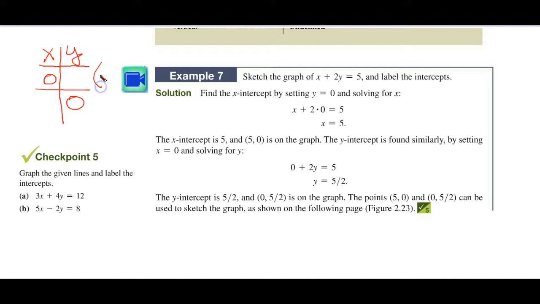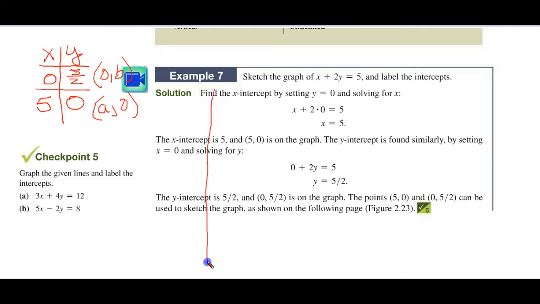This will be your 0, comma b, your y-intercept, and this will be a, comma 0, your x-intercept. So we just take it right from this equation. If x is 0, y is going to be 5/2. If y is 0, x is going to be 5.